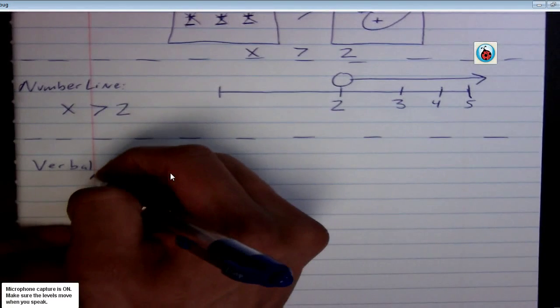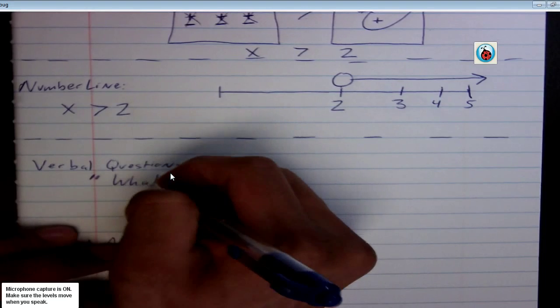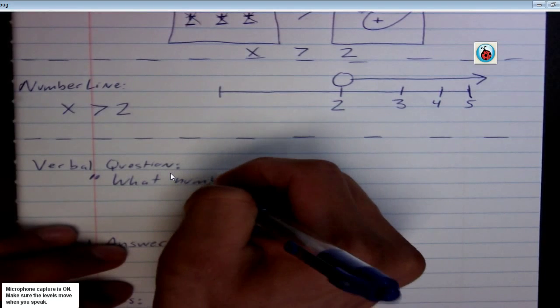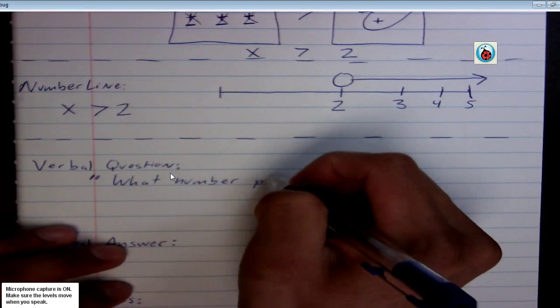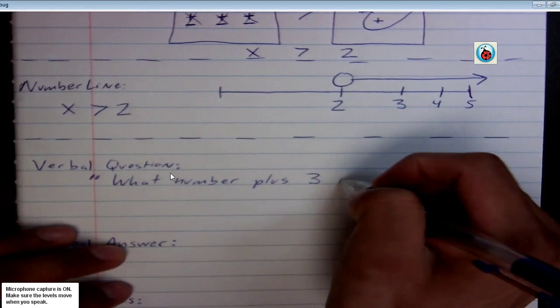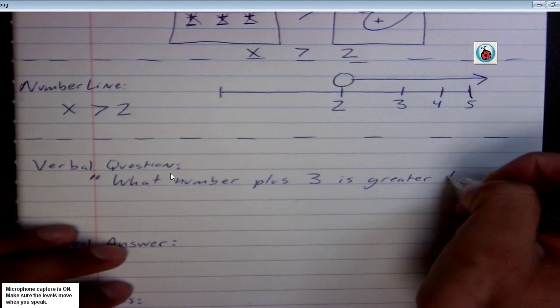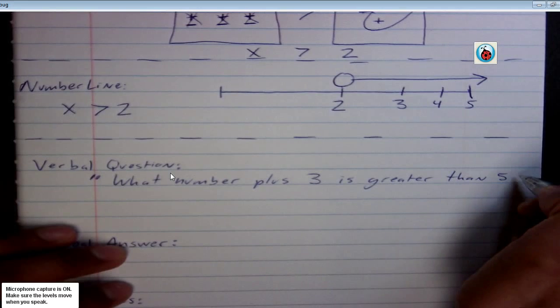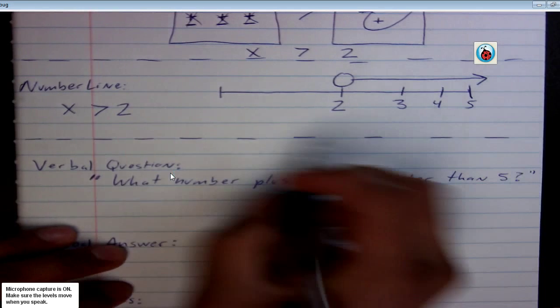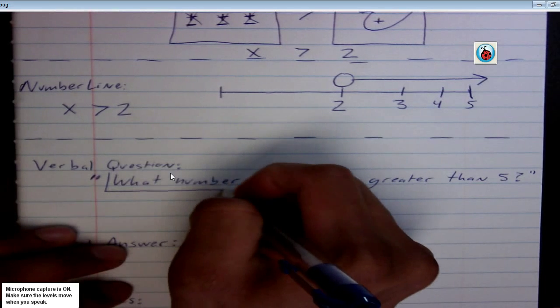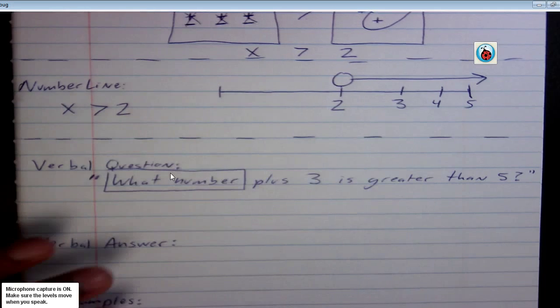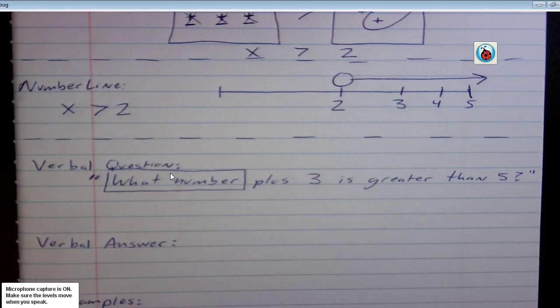So on your paper, write what number plus 3 is greater than 5? And I'm going to put a box around the words what number, because that means the X box. The X box basically means what number, the Dragon Box in the game we've been playing. What number plus 3 is greater than 5?